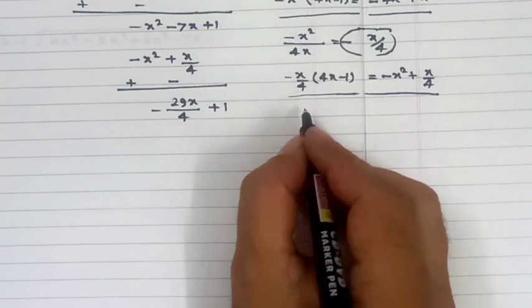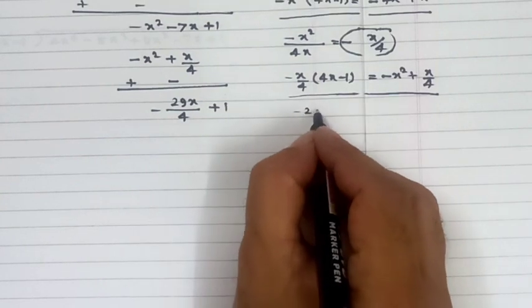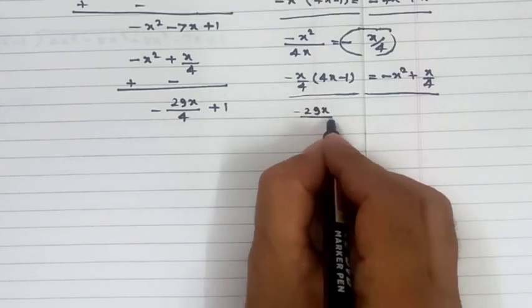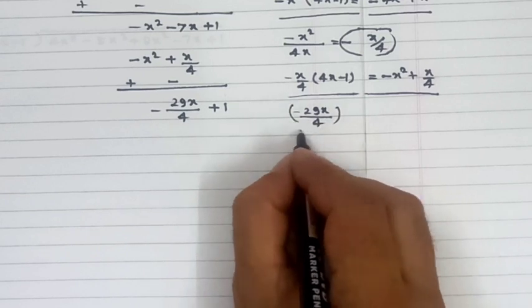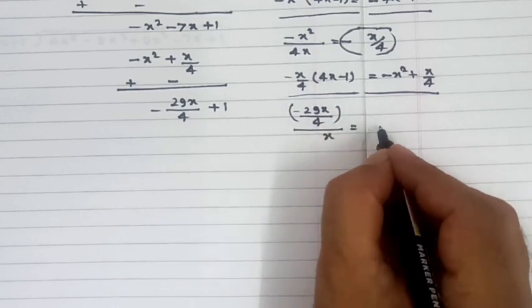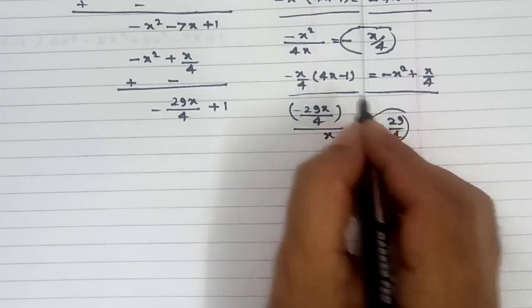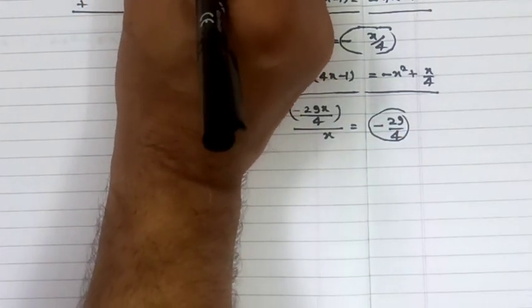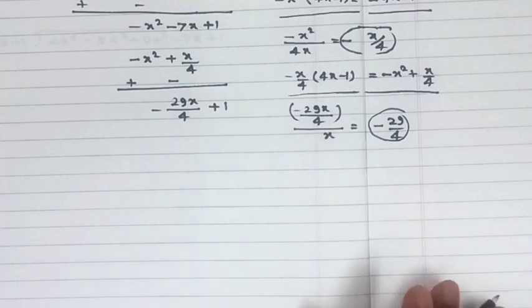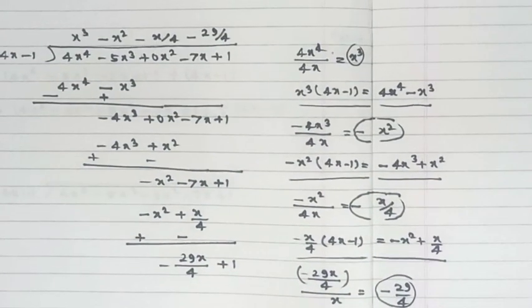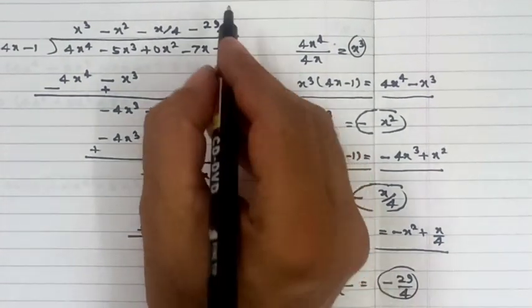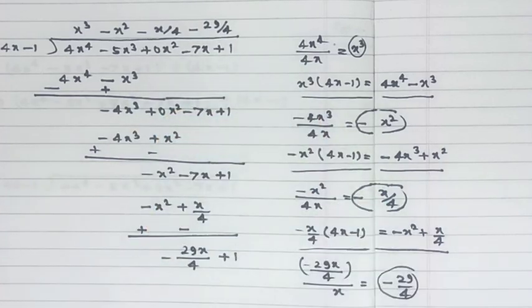Now once again, minus 29x upon 4, whole thing you divide by x, x cancels, and you will get minus 29 upon 4. And this minus 29 upon 4 you can write upside here. So you got minus 29 upon 4.